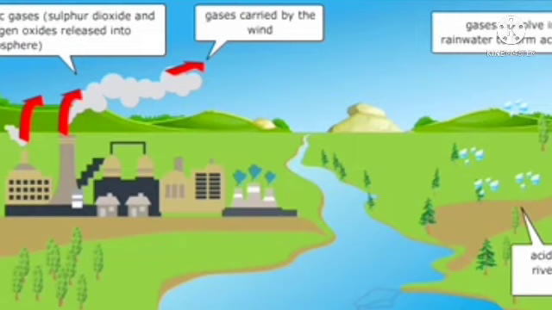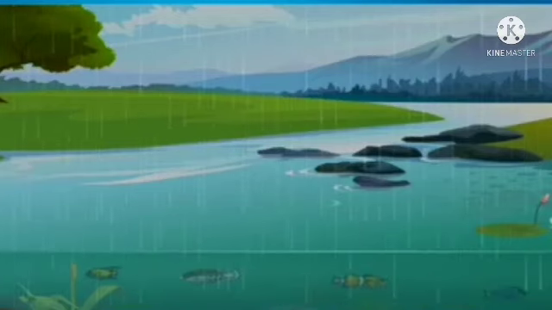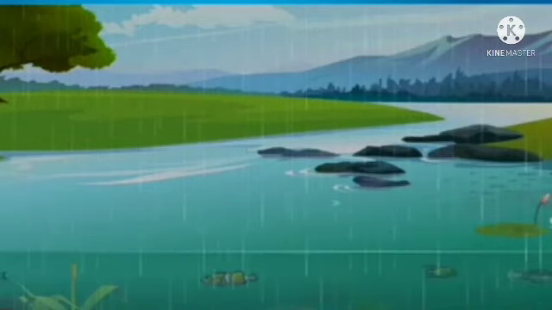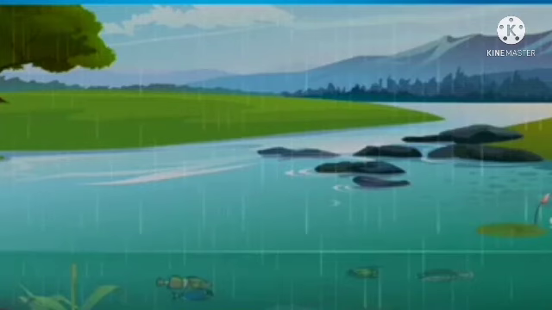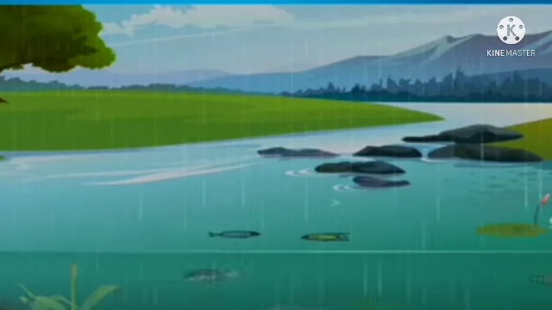Acidic rain. As the name indicates, the rain which contains excess acids is called acidic rain. When harmful gases like sulfur dioxide and nitrogen dioxide react with moisture present in air, they form nitric acid and sulfuric acid. These acids, when dropped down on earth along with rain, are called acid rain.